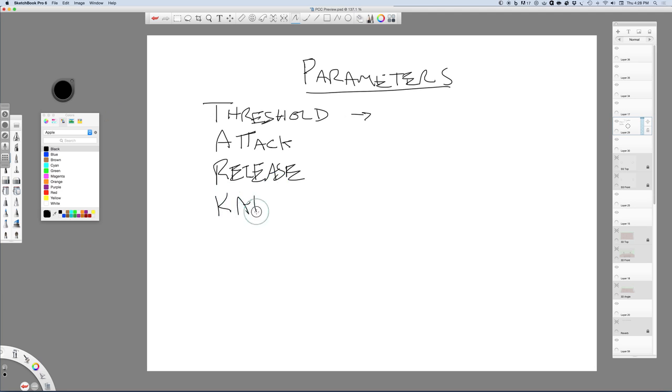The ratio determines how heavily or severely that signal is processed. So when you work with the ratio control, you're setting the ratio based on what it is that you want to accomplish. So maybe if you want to do a general smoothing, you can set a low threshold, fast attack, fast release, and a very low ratio.